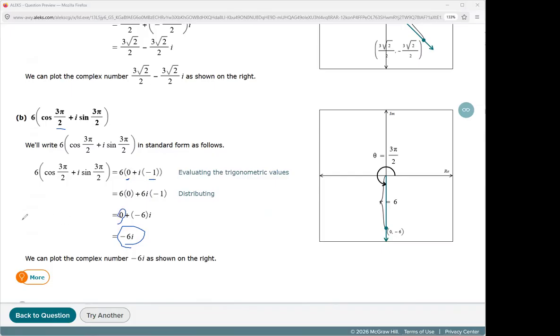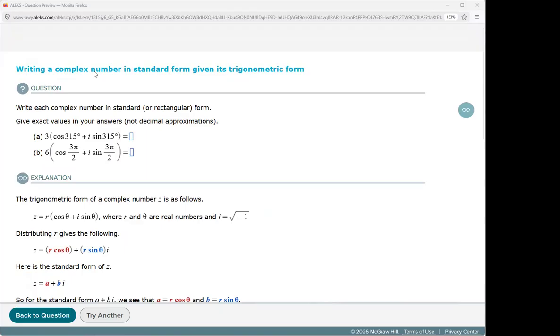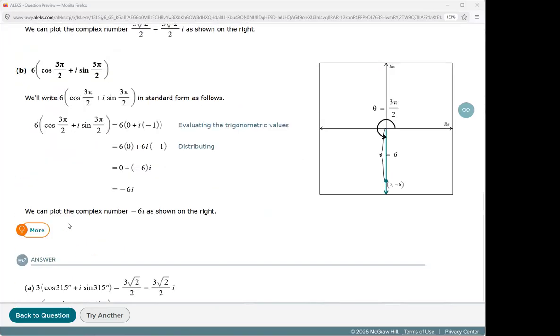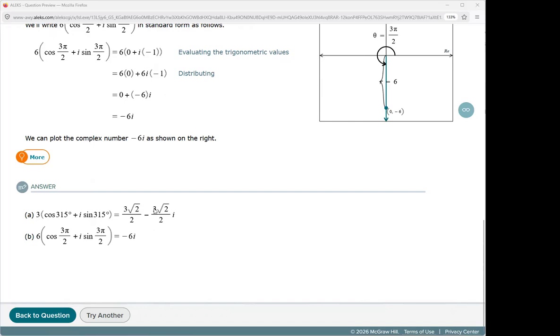So going from trig form to complex number form, it's pretty easy. You just look it up on the circle, plug it in. All right. Let's do another one.